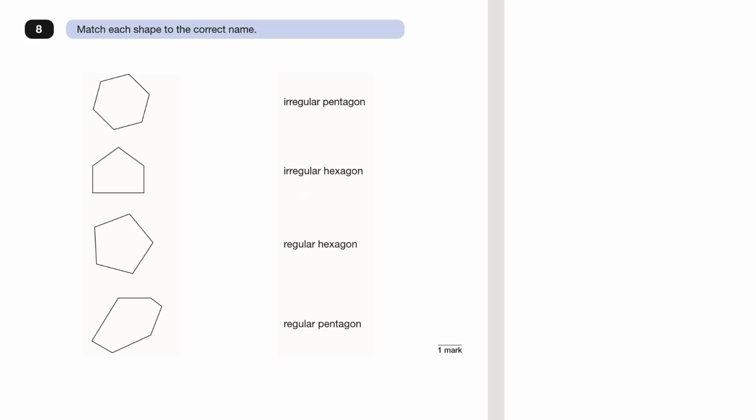Okay, so first of all, I am going to look at the two that are the same, pentagon. I know that a pentagon is a 5-sided shape. And then I'm going to look at the other one. We've got 2 hexagons. I know that a hexagon is a 6-sided shape.